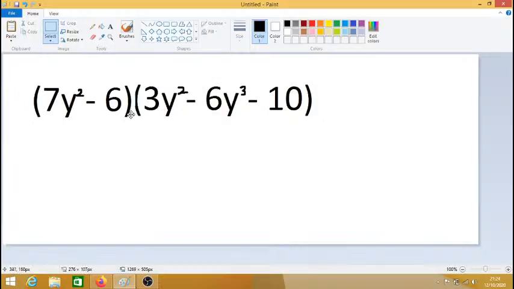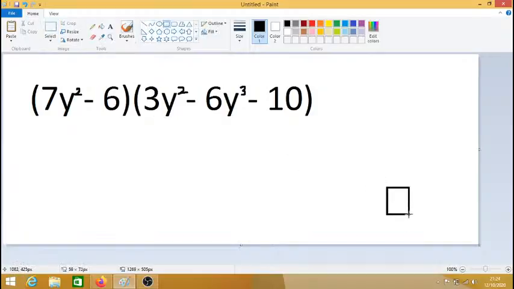If you prefer the beginning bracket to be just 2 things, like I do, then just move that small bracket to the front and then you're ready to go, just using your cover-up technique, and just imagining you're working on the 7y squared, expand, multiply, multiply, multiply, and then you can move over and then work with a -6, timesing by every single time. So just wanted to show you that.